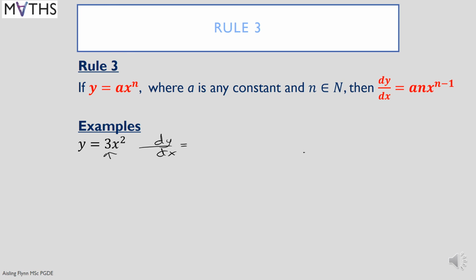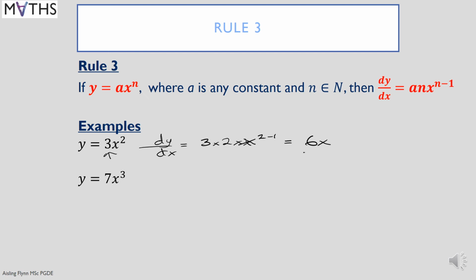Following the format of the rule above, our a is 3, we'll have 3 times 2 times x, and then we will reduce our power by 1, so it'll be 2 minus 1. And what we get is 6x to the power of 1, which is just 6x.